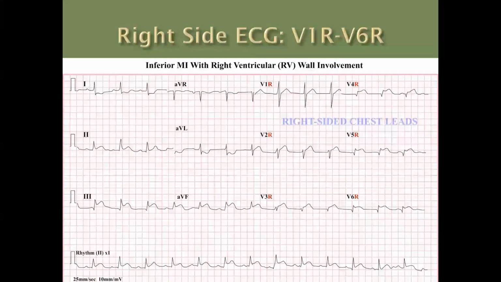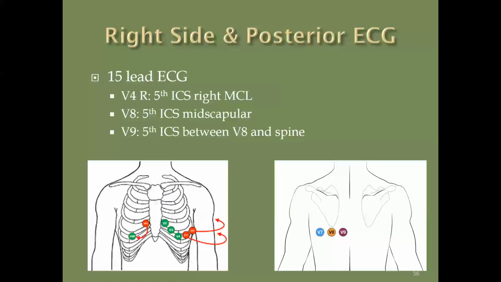So if you do a right-sided ECG, the time to do that is oftentimes if you have an inferior wall MI, then they are at risk for having a right ventricular infarction. So look at V1. If you have ST segment elevation in V1, then you will probably want to do at least at minimum V4R.